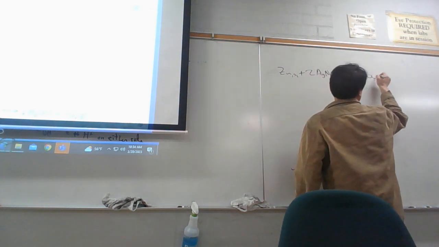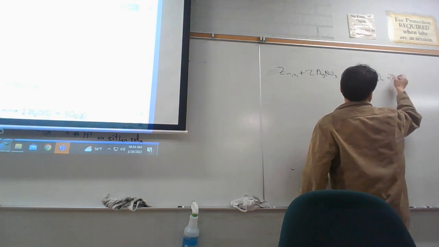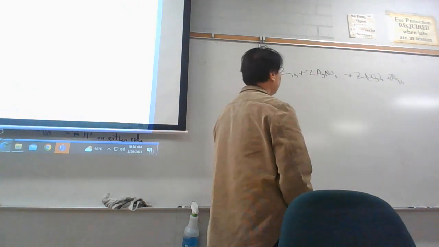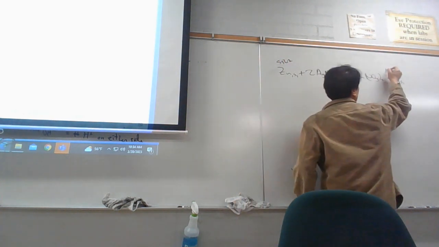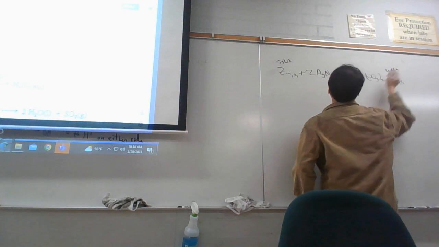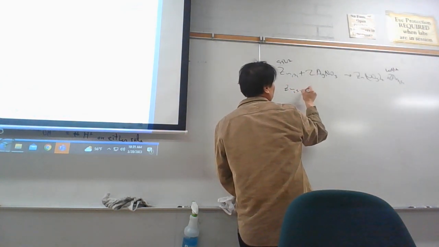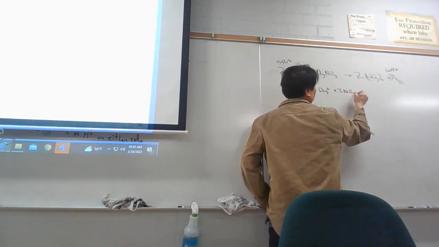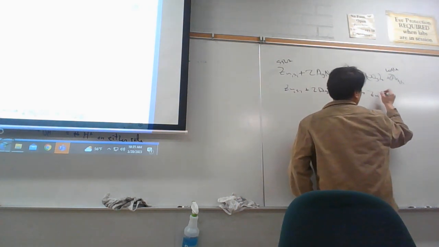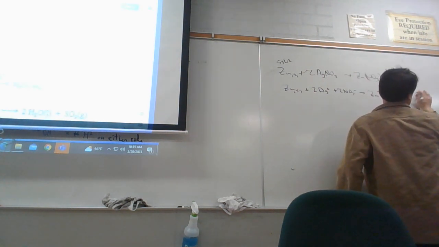So we're going to form zinc nitrate and silver metal. There's definitely going to be a reaction here. Zinc is a stronger reducer and silver is a weaker reducer, so we're going to get a reaction. This is a complete equation, so we'll do the ionic equation. This is going to give us 2 silvers, 2 nitrates. This is going to go to Zn2+, 2 nitrates plus 2 silver metals.